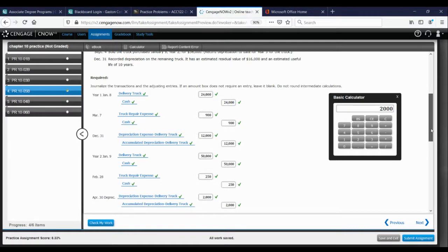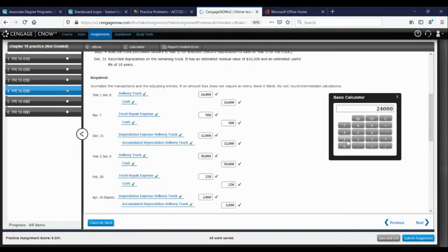And so at this point in time, now we need to calculate a new book value at the date of the sale. To determine the book value, we still take the cost of the asset, which was $24,000. But this time, we're not going to subtract just the $12,000 because that was what we had at the end of the year. We're going to have to add the two depreciations together to get the total amount of the accumulated depreciation, which is $14,000.